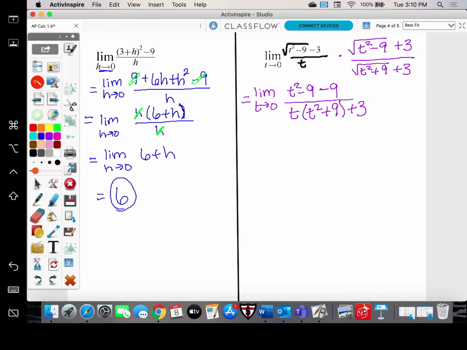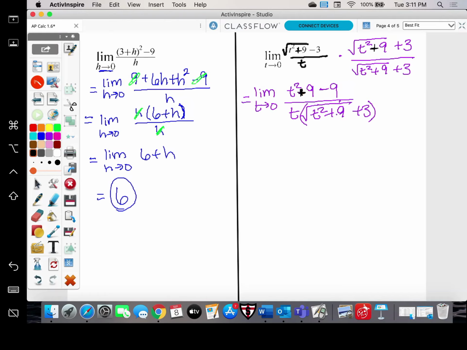Sorry, I wrote that wrong. That was supposed to be square root. All right, so we want to get things that are going to cancel out. And I believe I have a typo in the original problem because this was supposed to be t squared plus 9. So that was my fault on the typo there.